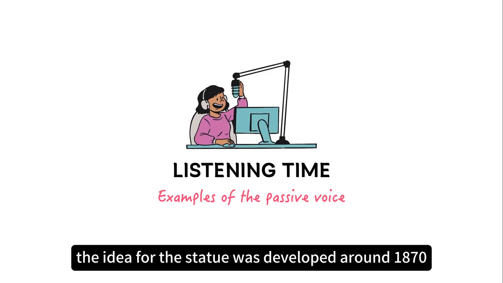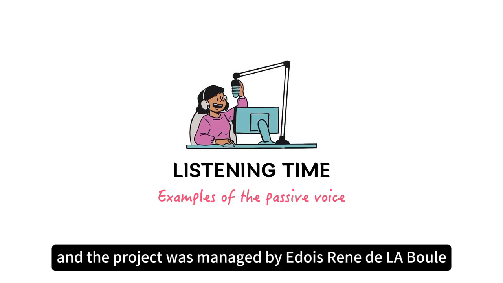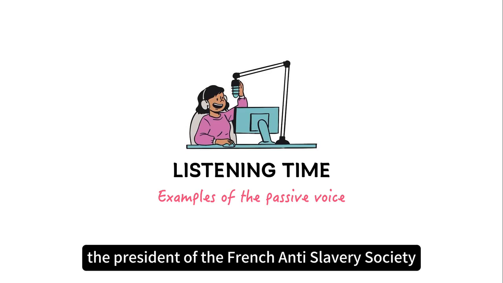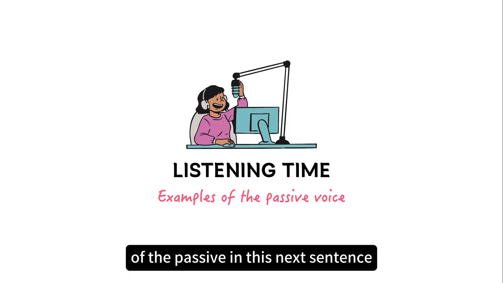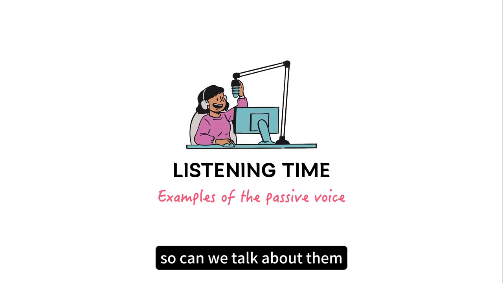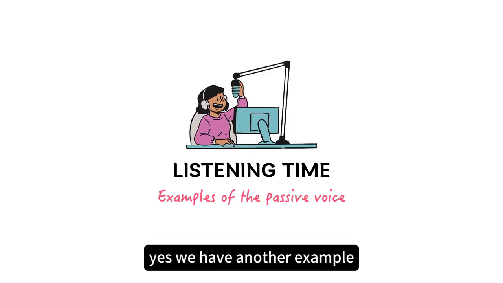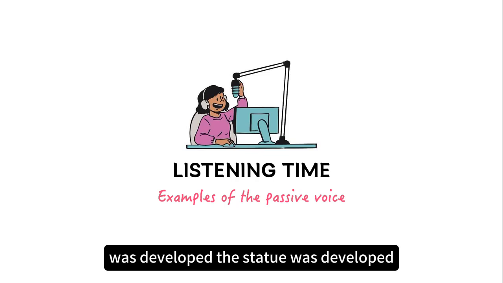Okay. The idea for the statue was developed around 1870, and the project was managed by Édouard René de Laboulaye, the president of the French Anti-Slavery Society. Okay, so immediately we have two more examples of the passive in this next sentence. So can we talk about them? Yes. So we have another example, was developed. The statue was developed.